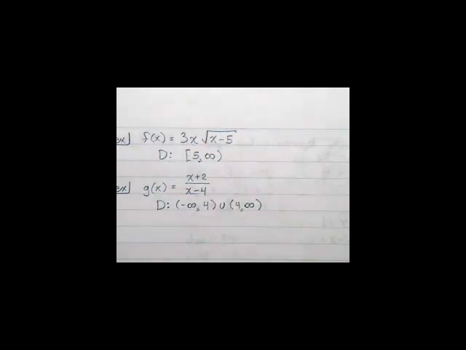So what number is going to make this thing not work? 4. Okay, so our domain then is going to be everything except for 4. So negative infinity to 4, union 4 to infinity. Okay, remember, if you got more than one interval, you put the little u in between them for union. And that would be that one.